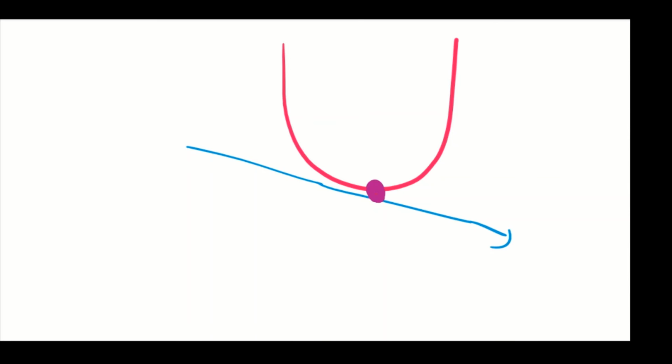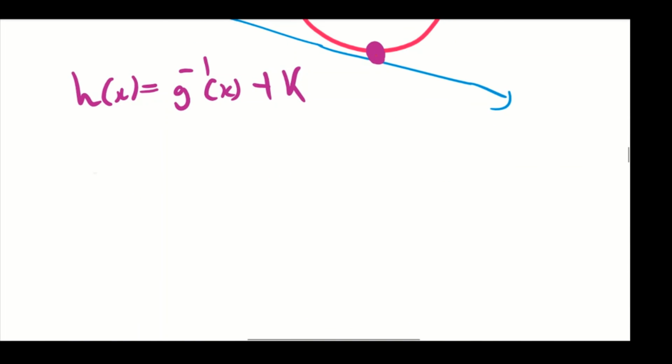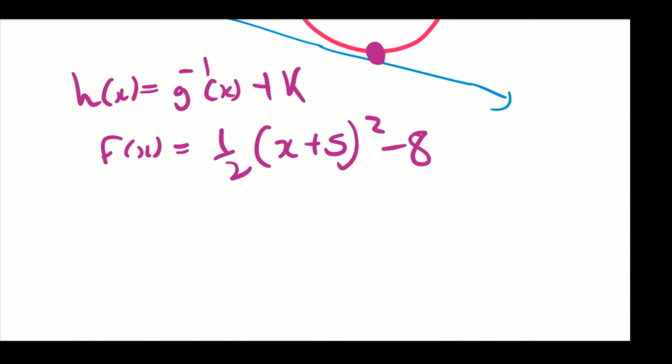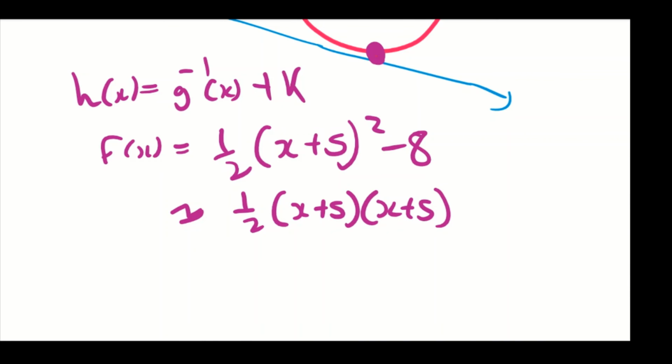So how are we going to do that? We are given that h of x is equal to the inverse of g plus k, and we know that f of x is equal to 1 over 2 into x plus 5 squared minus 8, right? So if you were to simplify further by expanding this, x plus 5 times x plus 5, if you find the product, let me just do that.